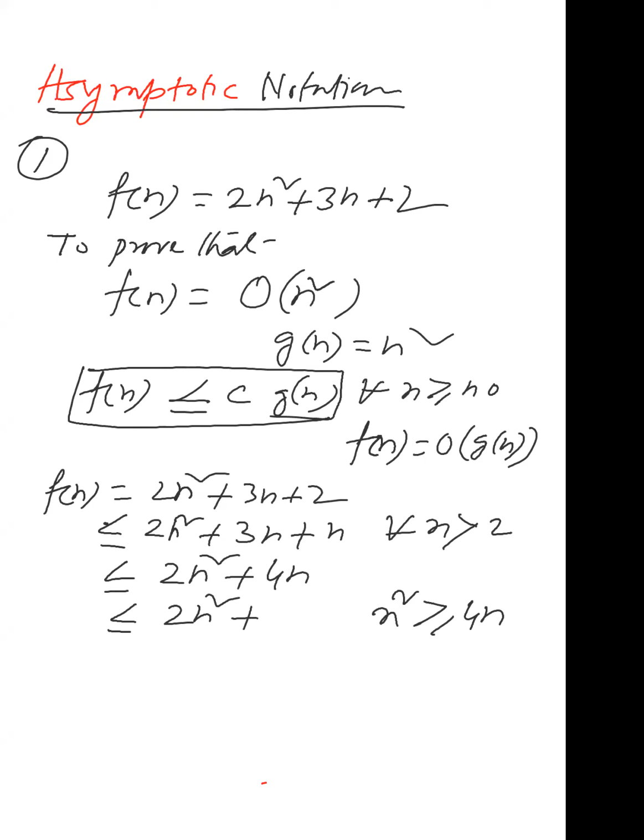For n equal to 2, it is 4 greater than or equal to 8, not possible. For n is equal to 3, it is 3 into 3, 9, and 9 is 12, not possible. For n is equal to 4, yes: if I put n equal to 4, it is 16 greater than or equal to 16, true.